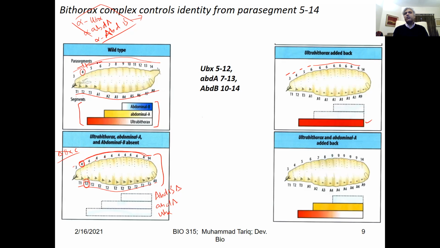There is a buffer here between 5 and 6. And if that buffer is gone, it floods into all of these, transforming parasegment 7 all the way up to 13 into parasegment 6. Okay, now in addition to UBX, let's bring back ABDA.